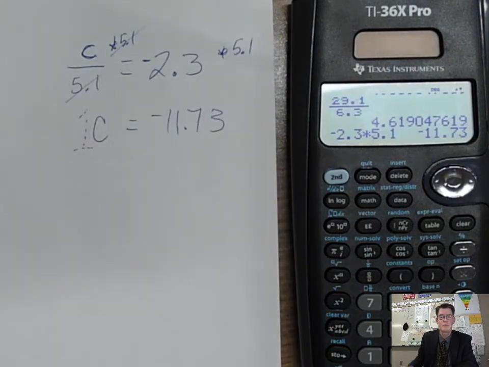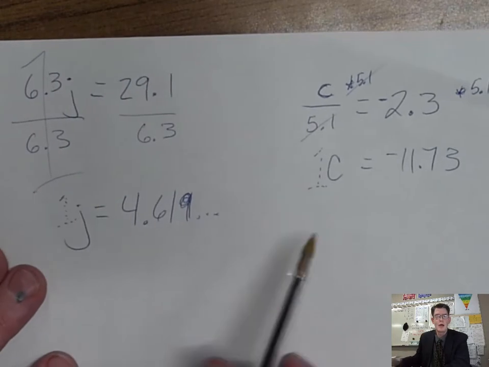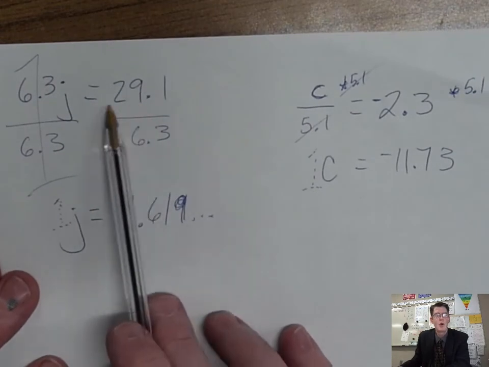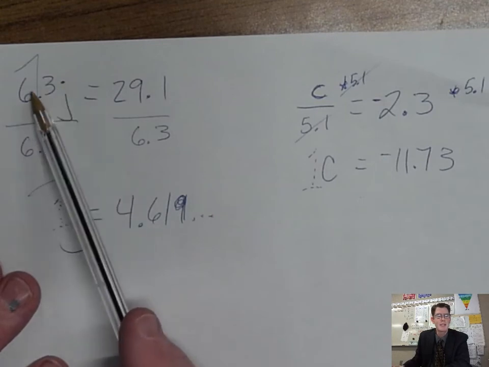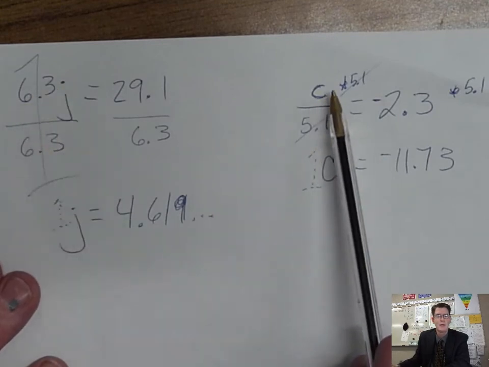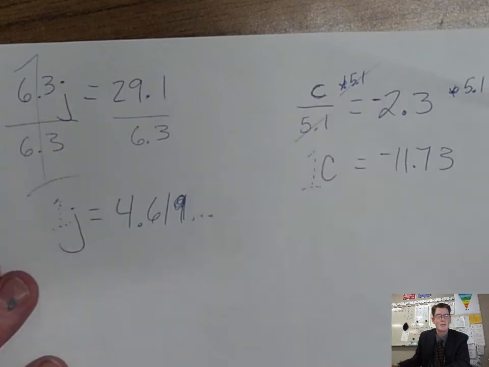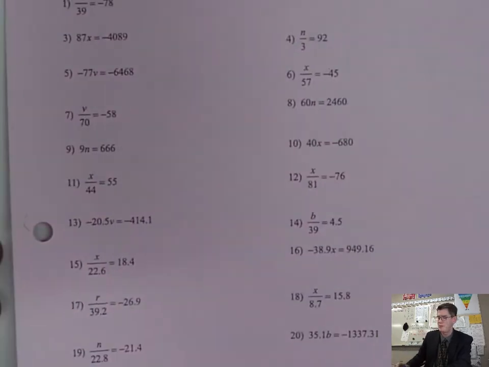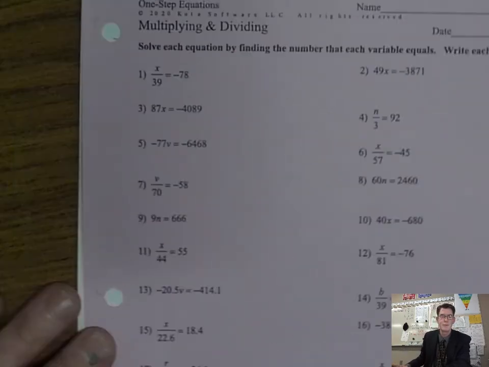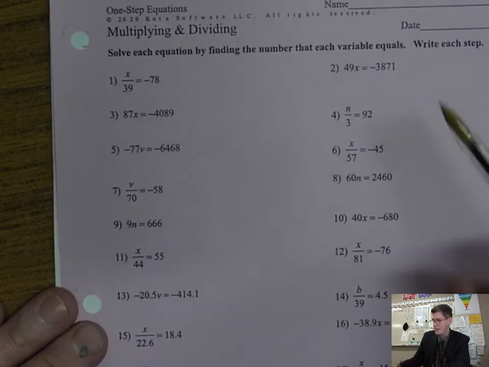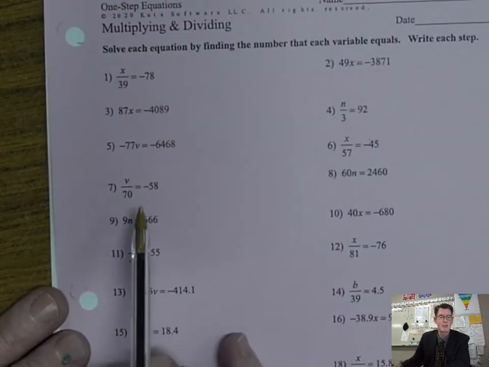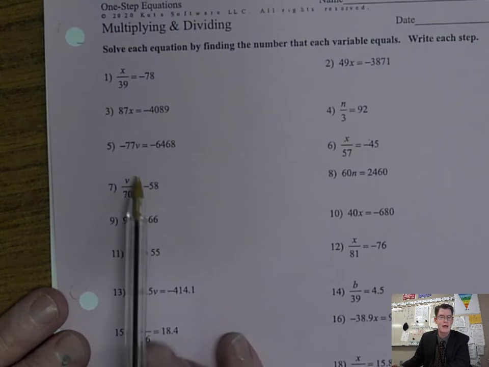There we go. So on these types of problems, we're working through getting the variable by itself. But on this, the way to get by itself is to turn this number into 1, whereas yesterday we were turning it into 0. So if we were to try a couple, let's say on this side we've got 5 and 7.